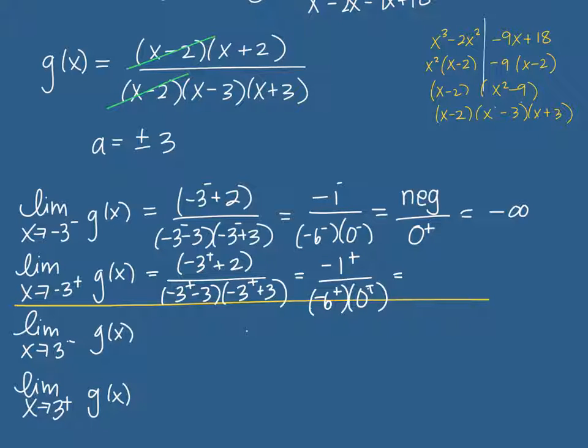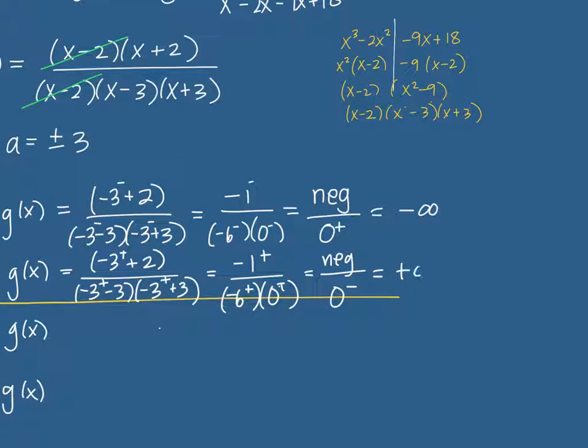Still negative. It has a plus, but that doesn't mean it's positive. It means it's on the right side of negative 1, which is still a negative number. The negative 6 plus, is that positive or negative? The 0 plus, is that positive or negative? So I've got a negative number divided by a positive number. So what do I end up with? Two negatives are positive. Either way, that is a vertical asymptote.